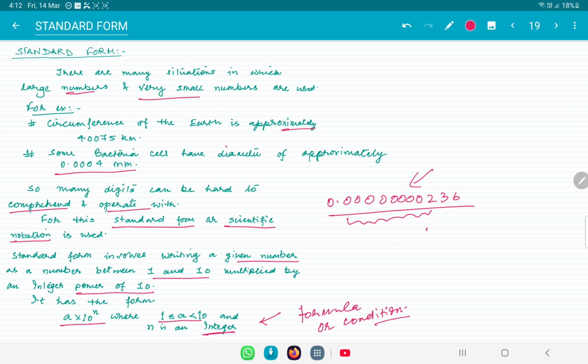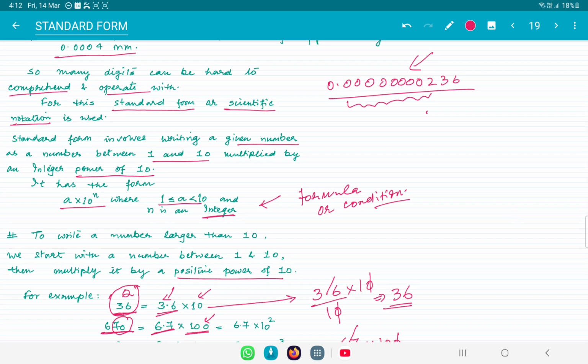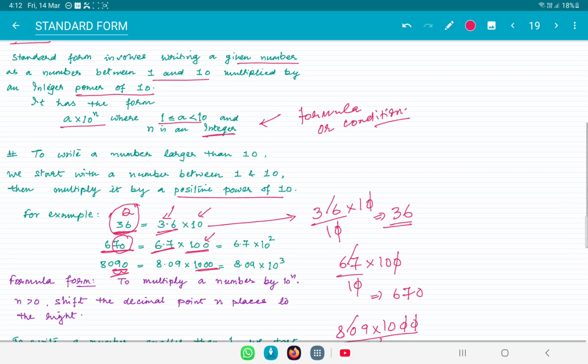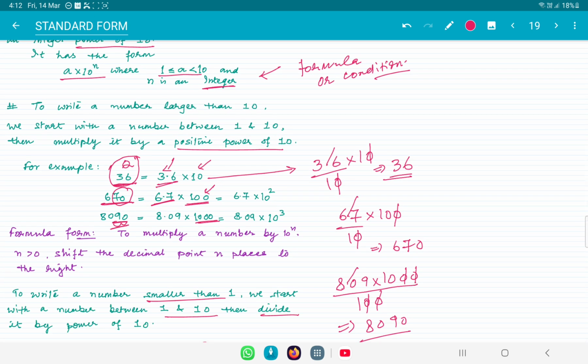So for these types of sums, we use 10 raised to the power in positive terms as well as negative terms. And whenever we do these powers, you have to write in scientific notation in such a way that your answer is exactly the same as your question.